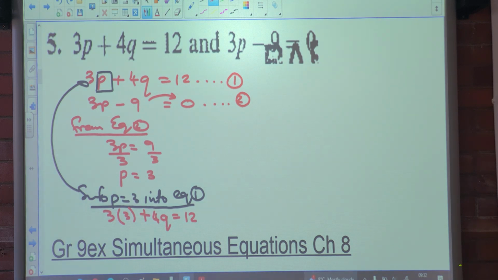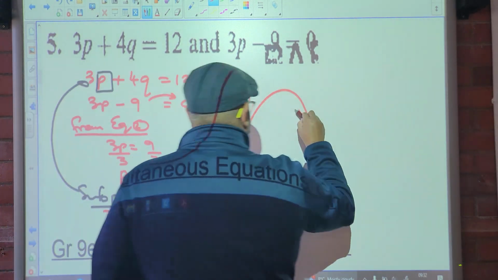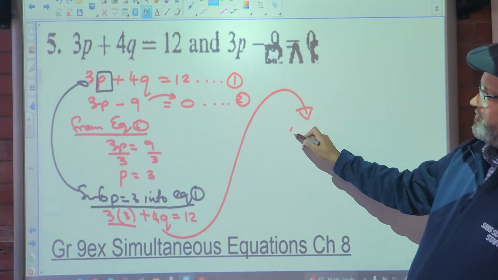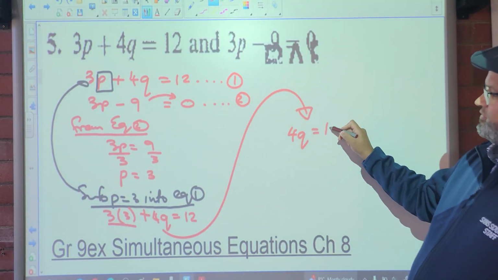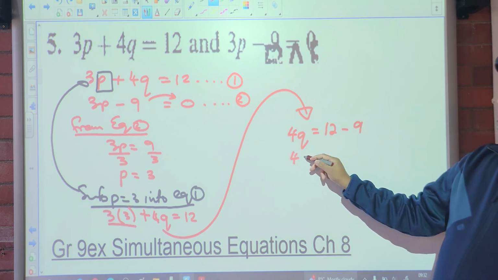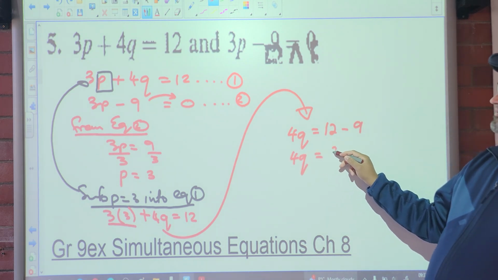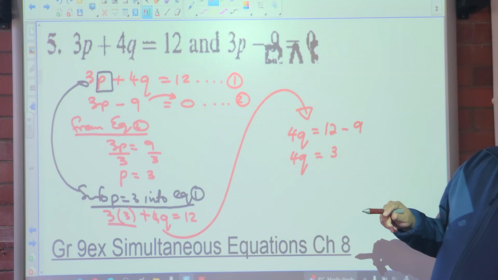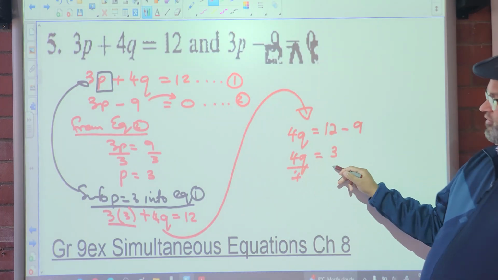So what do we do now? Solve for q. So 3 times 3 is 9. So 4q is equal to 12 minus 9. So 4q is equal to 3, divided by 4.